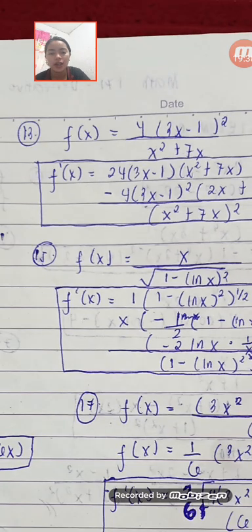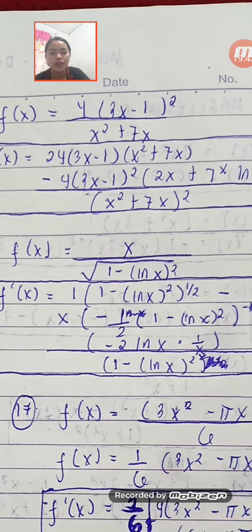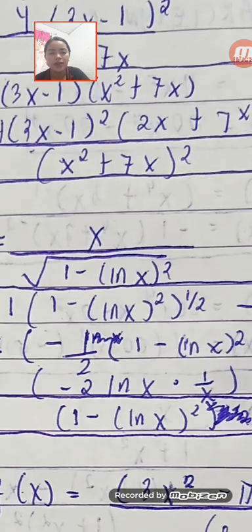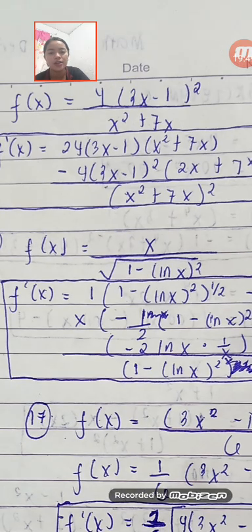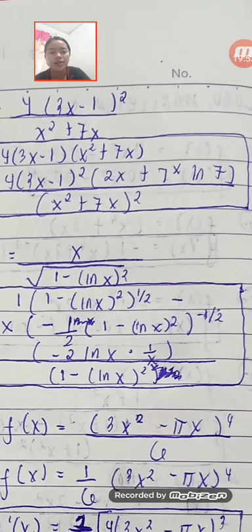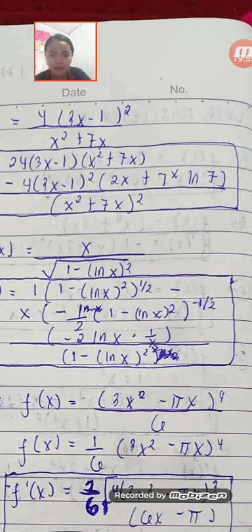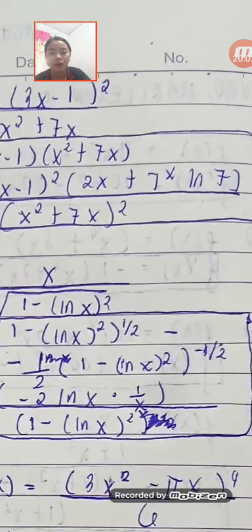So that's why we put there 8, 3x minus 1, copy the inside function, and let's multiply this by our denominator, and minus, because again, quotient rule is minus or subtract. We just need to copy the first function and multiply this to the derivative of our denominator.